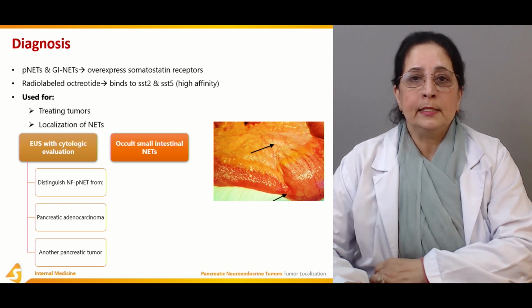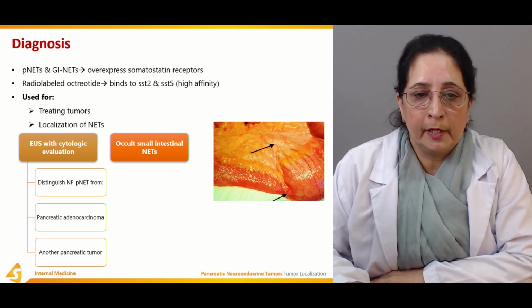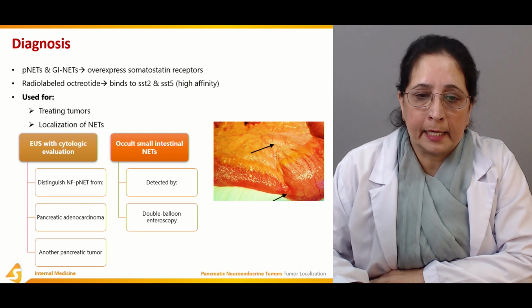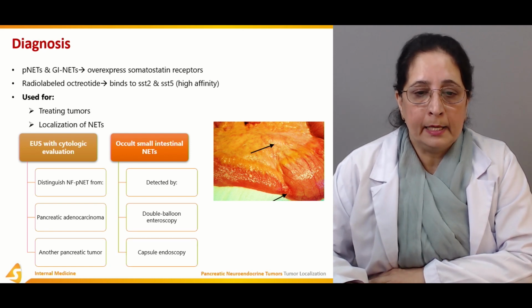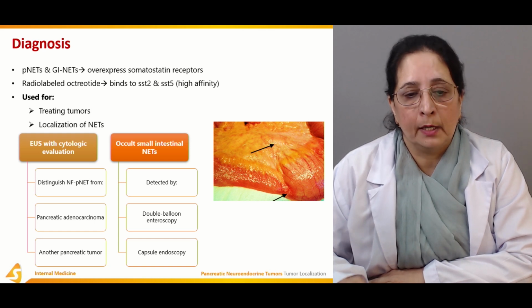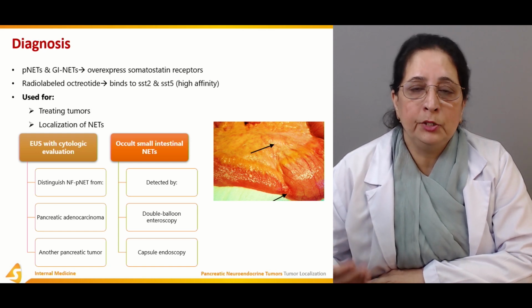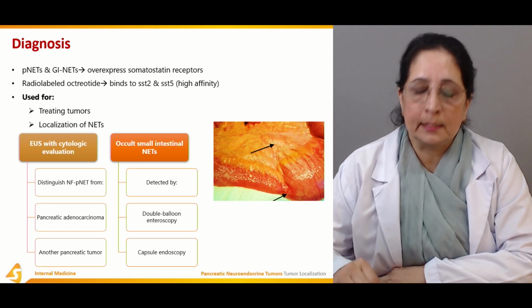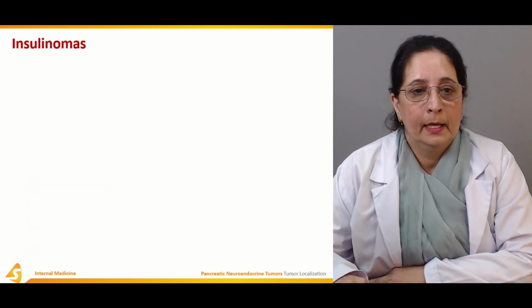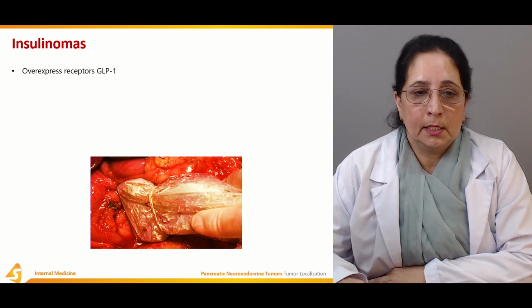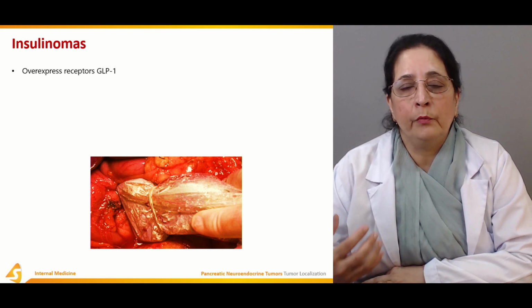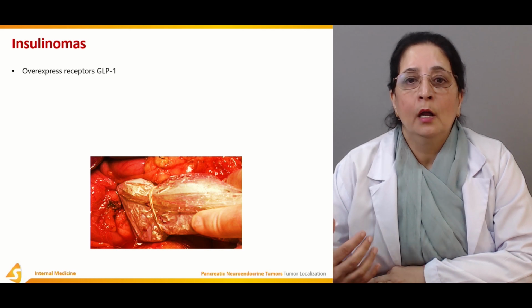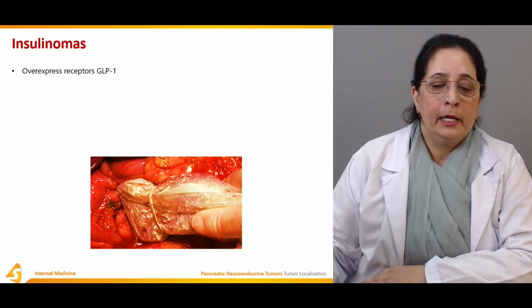Occult small intestinal neuroendocrine tumors are detected by double balloon endoscopy and capsule endoscopy. So these are the methods used for small intestinal tumors. Insulinomas: in case of insulinomas, how can we do the tumor localization?